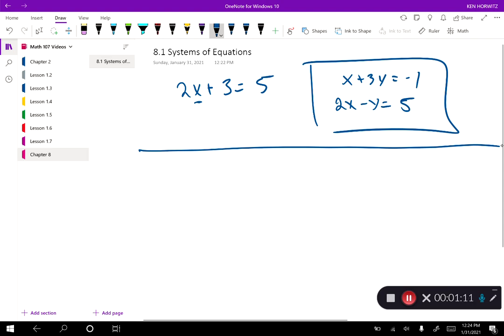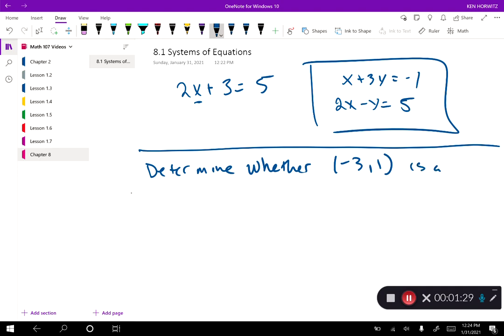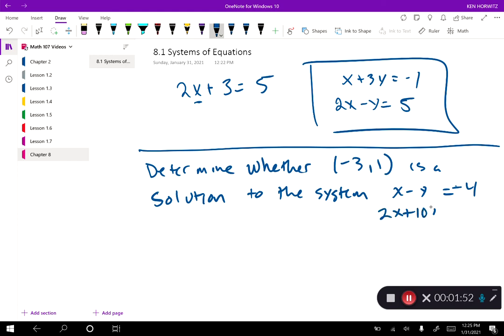So for example, if I say something like, determine whether -3, 1, that would be x and y like an ordered pair, is a solution to the system x minus y equals -4, 2x plus 10y equals 4.